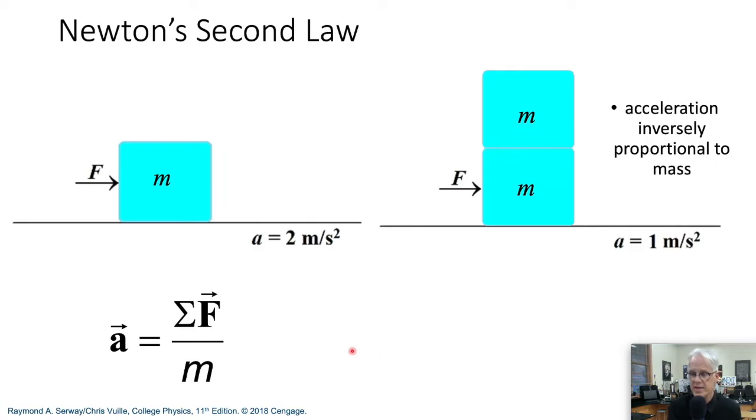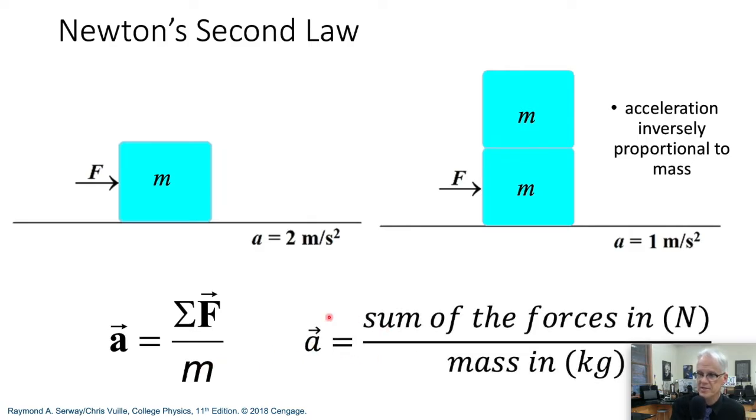Here we see it in this equation, where acceleration is the sum of the forces divided by the mass. If we double the mass, our acceleration is cut in half. As we saw before, if we double the force, we double the acceleration. Acceleration is inversely proportional to mass. It is directly proportional to force.